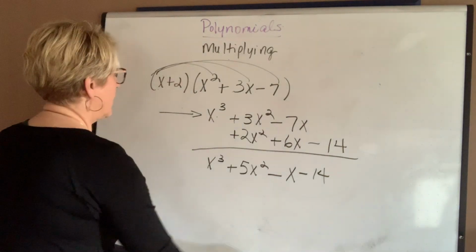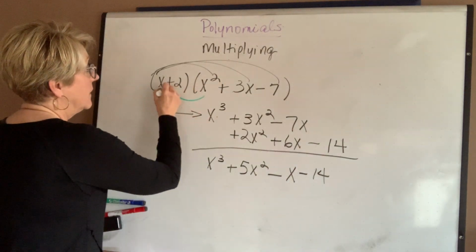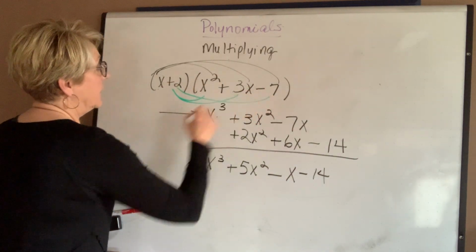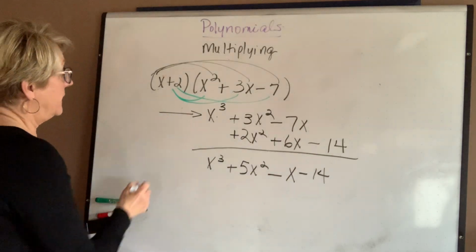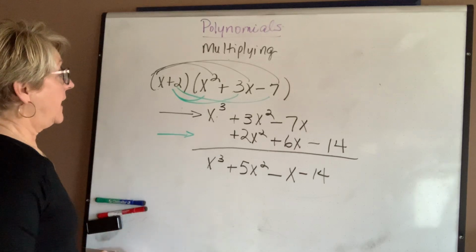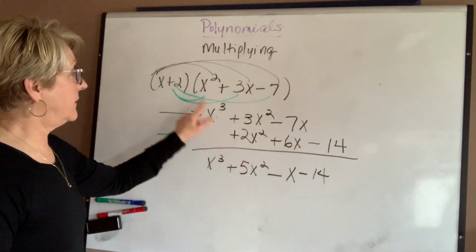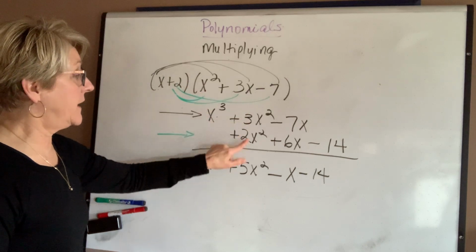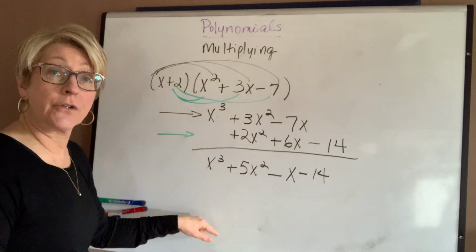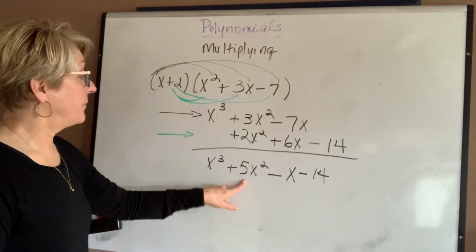Then I have to come back and distribute this 2 to everything in here. And that is where this line comes from. And as I'm distributing this 2, because that's 2x squared, I put it under the other x squared term. And that makes my life easier when I'm going to combine them.